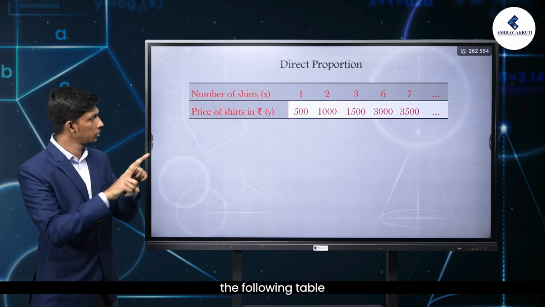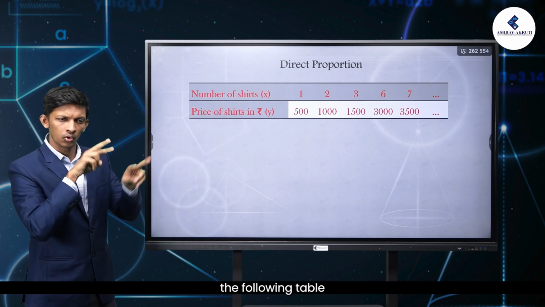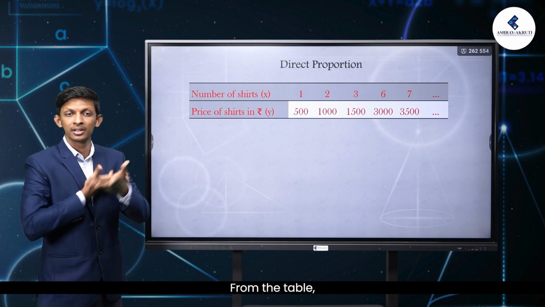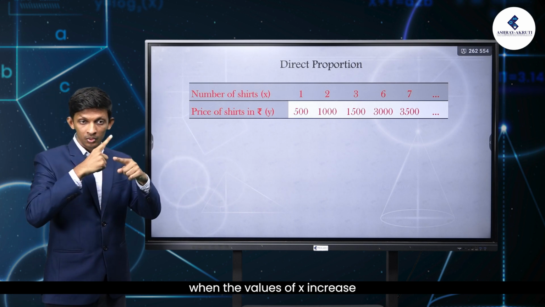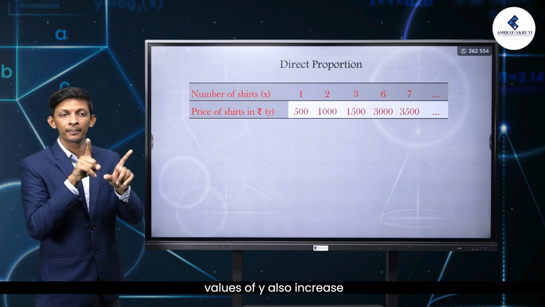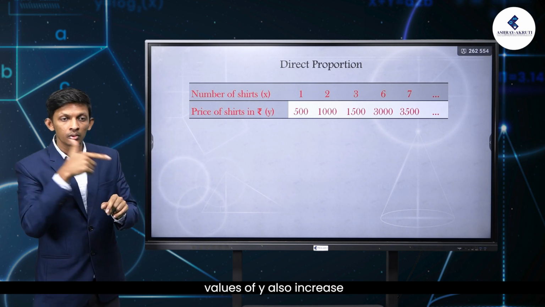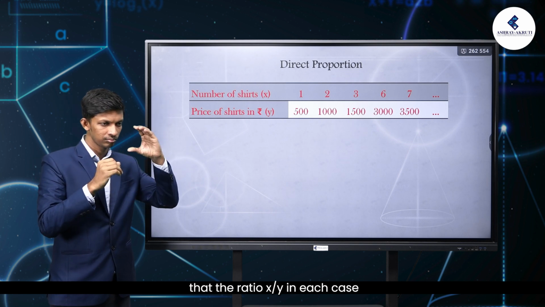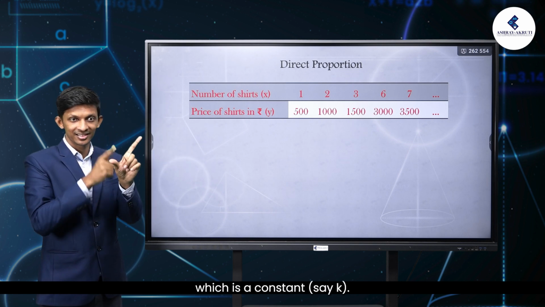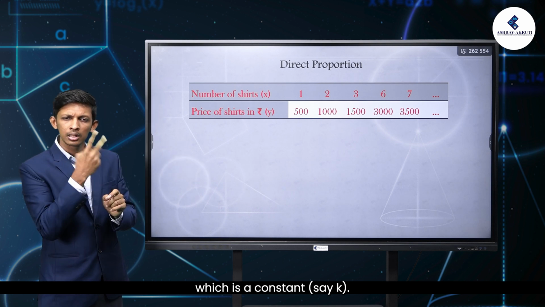Now observe the following table. From the table, we can observe that when the values of X increase, the corresponding values of Y also increase in such a way that the ratio X by Y in each case has the same value, which is a constant, say K.